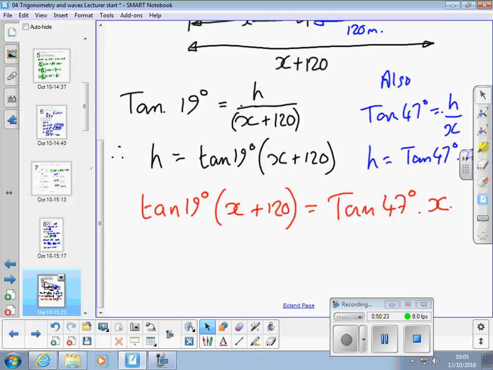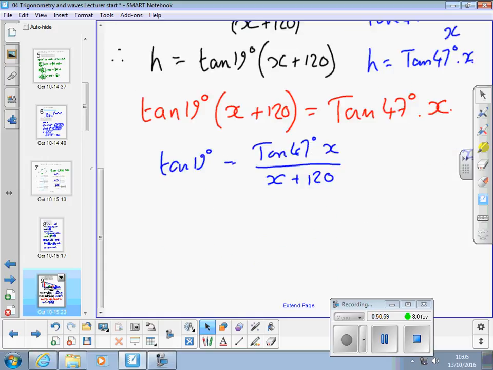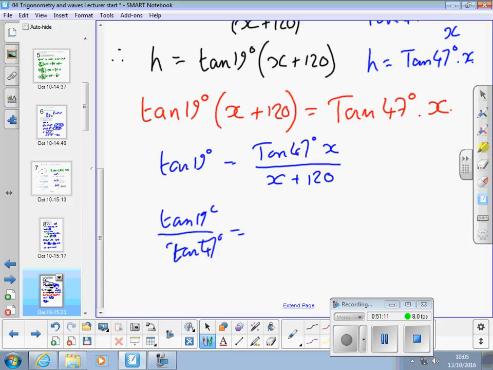So you've got tan 19 equals tan 47 over... So you're going to do tan 19 over tan 47 is equal to x over x plus 120.